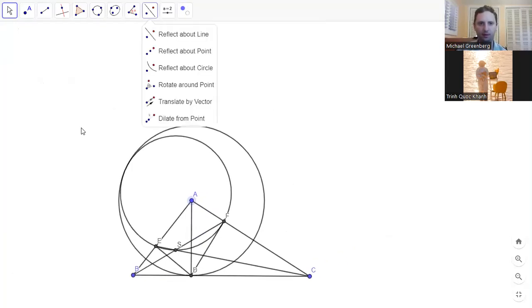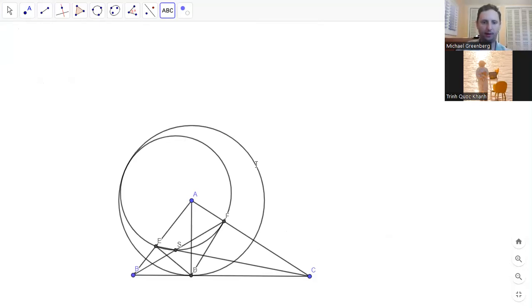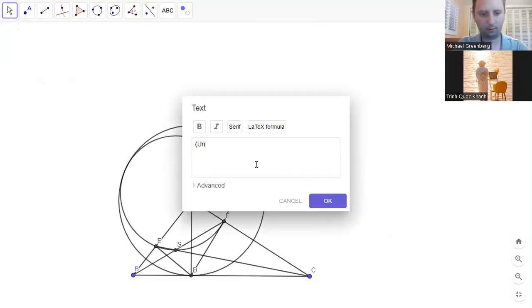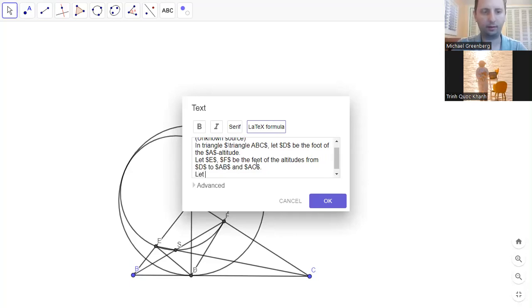So basically in triangle ABC, let D be the foot of the altitude from A. And then let E and F be the feet of the altitudes from D to AB and AC. And let BF and CE intersect at S.